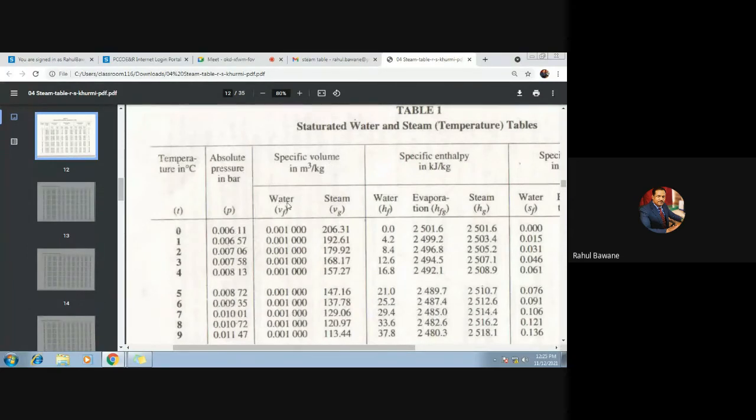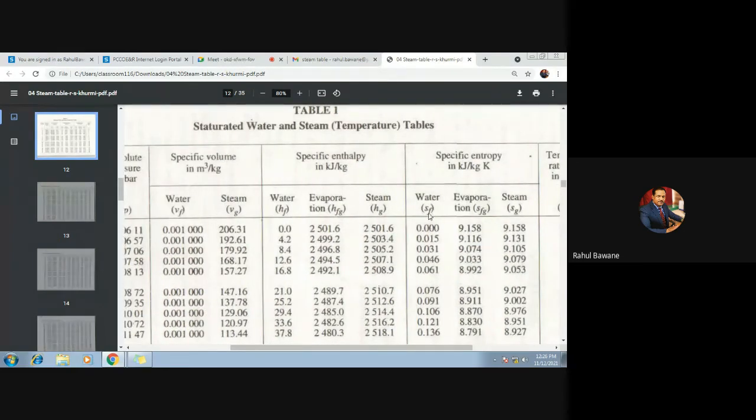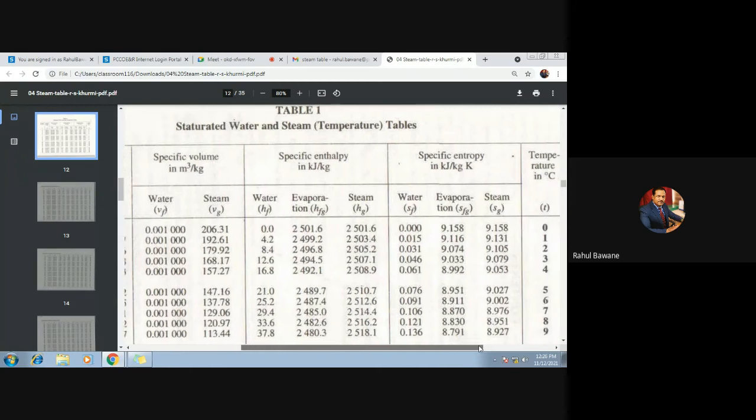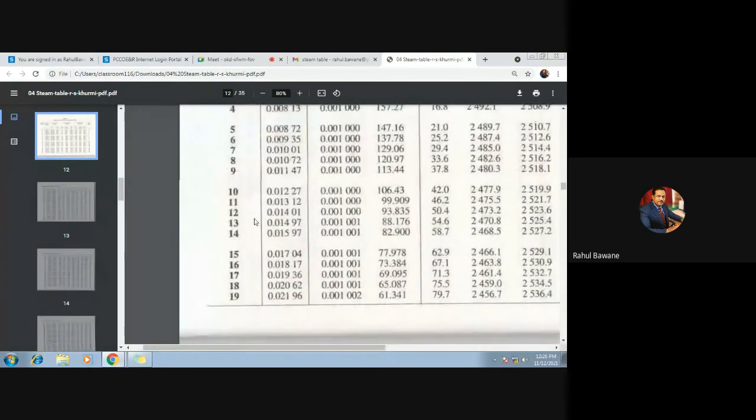Specific volume: here we can observe that specific volume is given only for Vf and Vg, not for Vfg. Specific enthalpy has the unit kilojoule per kg for hf, hfg and hg. Similarly, specific entropy for water, sf, sfg and sg. So this is by saturated temperature.